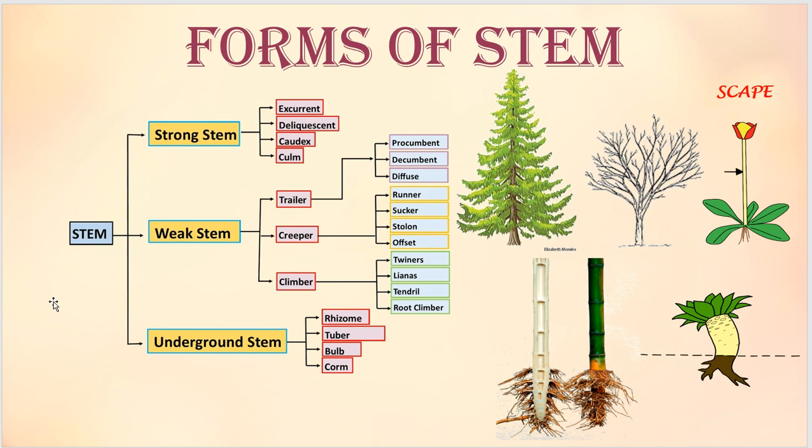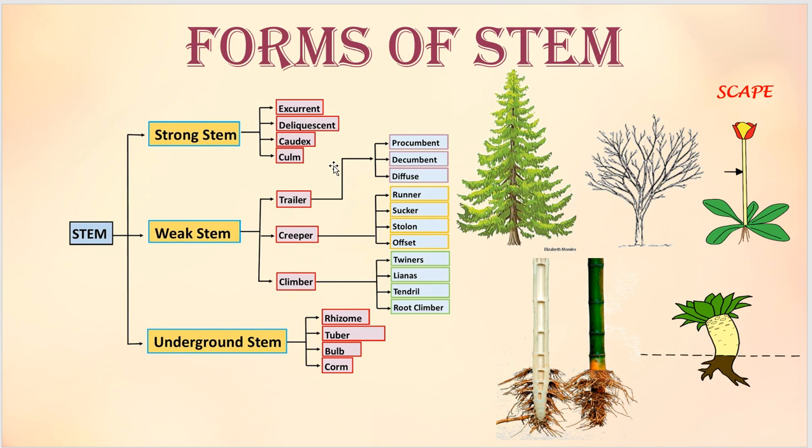That can be herb, shrub, or tree. A tree is the one which bears too many branches, and a shrub is the one which is not highly grown, and many branches are produced from the base of the stem, so it gives a bushy appearance. And then the next one is herb. Herb will always be with a weak stem. But this kind of classification, what you can see here on the screen, is only based on the stem.